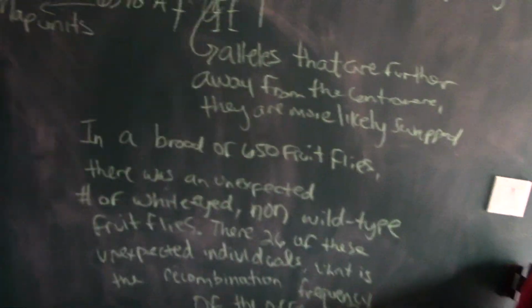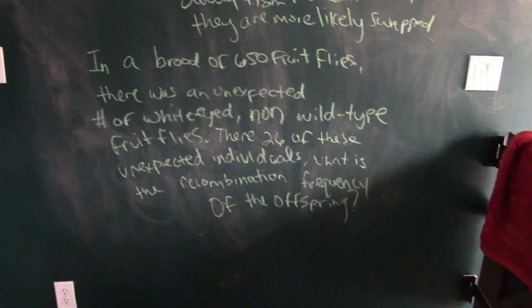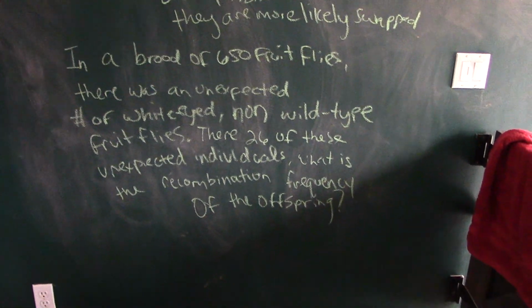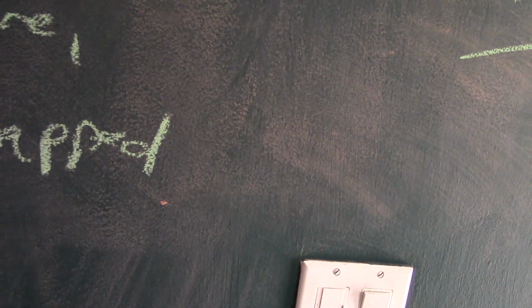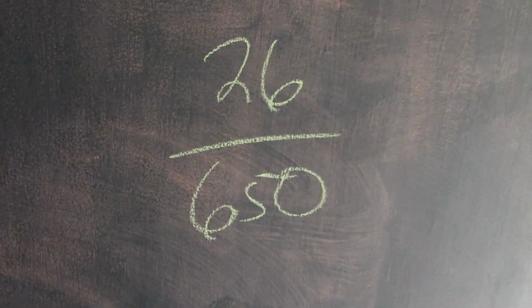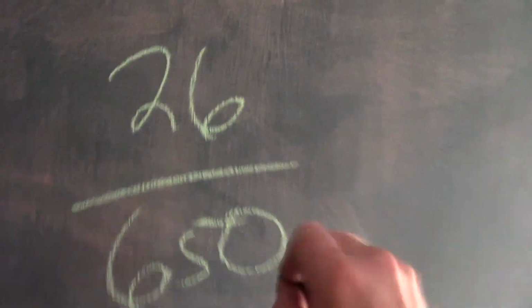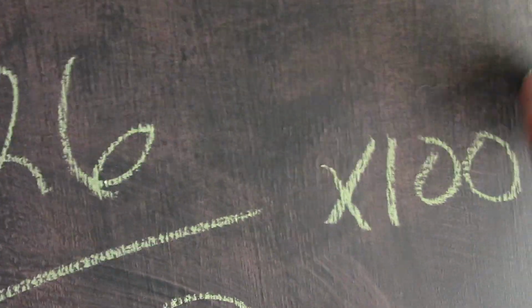Okay, so simple word problem. Okay, so we have how many recombinants? We had 26 recombinants. There's 650 total individuals. All right, that was how big the brood was. 26 gave us unexpected appearances times 100%. And so your recombination frequency, I'm just going to put that as RF.